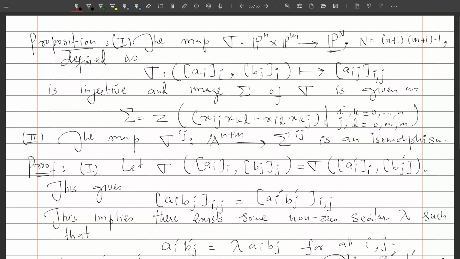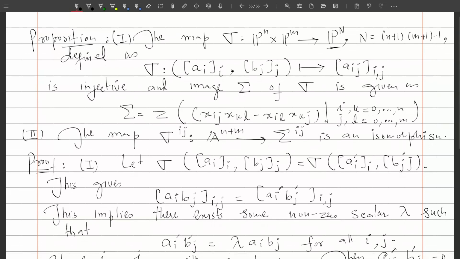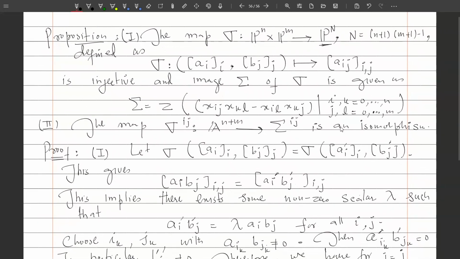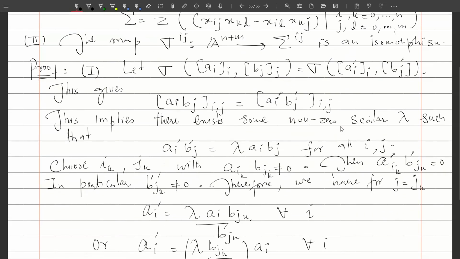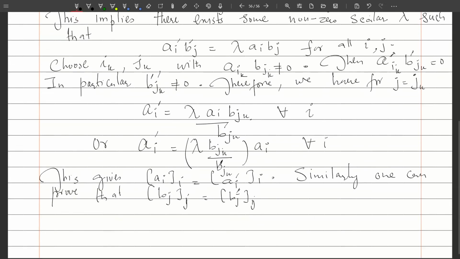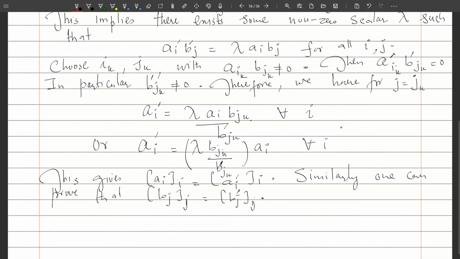So in order to prove this is injective, we actually have to prove these two ordered pairs are equal, and these two ordered pairs will be equal if the vector ai is same as the vector ai prime, and the vector bj is same as the vector bj prime. So this is what we proved here. So this proves the injectivity of sigma. So hence sigma is injective.